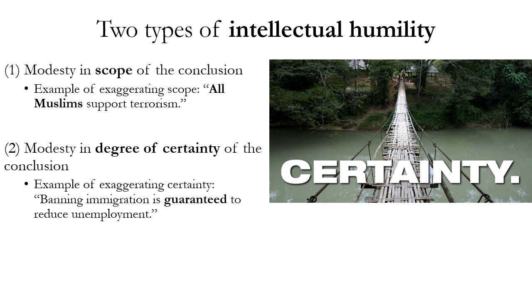However, because you're dealing with the economy, which is a super complex system, has many different causal factors affecting it all at once, that tends to go along with degrees of certainty. So it would be more reasonable to argue for a conclusion that banning immigration will probably reduce unemployment, or will reduce unemployment, what economists call ceteris paribus, holding other things equal.